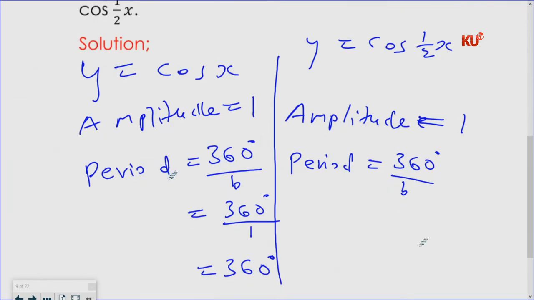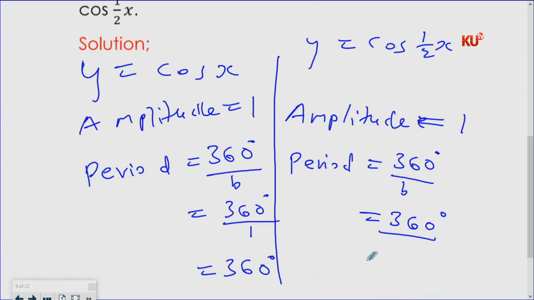Our b is the coefficient of x. And for this question, our coefficient is not 1. Before this x there is a number appearing, which is 1 over 2.